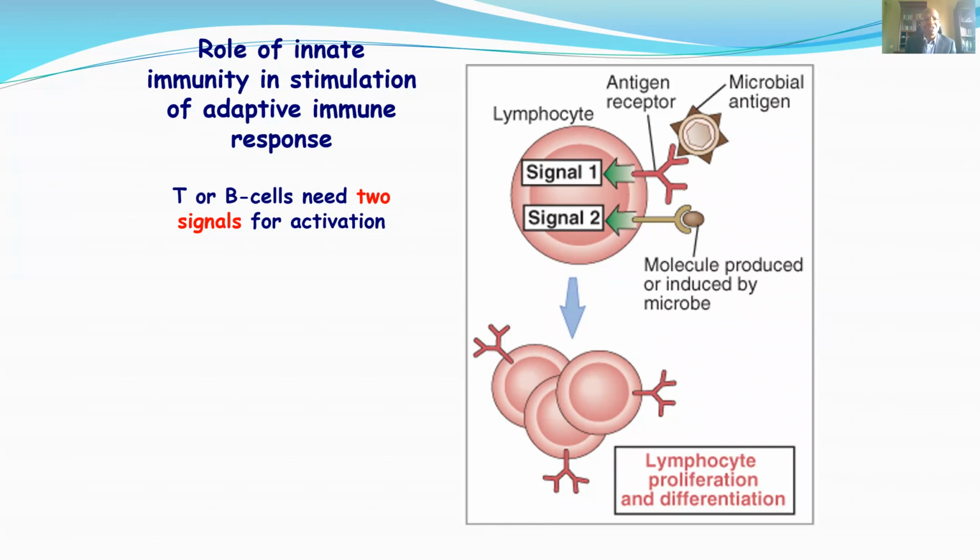In that way, they are stimulating the adaptive immune system. The second is providing the second signal, which requires the adaptive immune system to proliferate and differentiate. Purely, that is increasing in number and becoming better cells, in short.